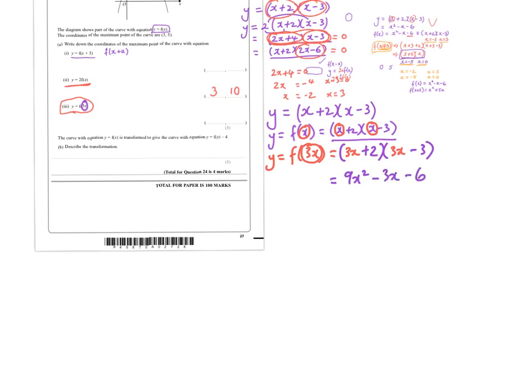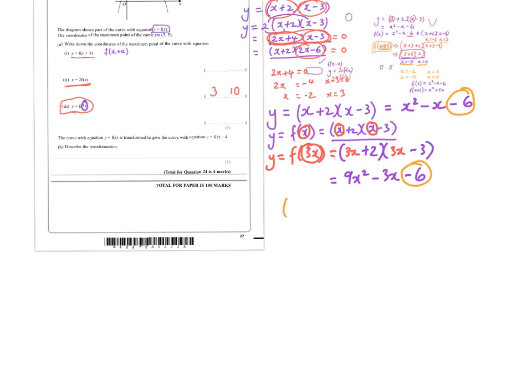3x minus 6. So one thing you might be able to notice is that if I multiplied out the original before I did any transformation at all, I'd have x squared minus x minus 6. So I think you've noticed that the intercept here has stayed exactly the same.